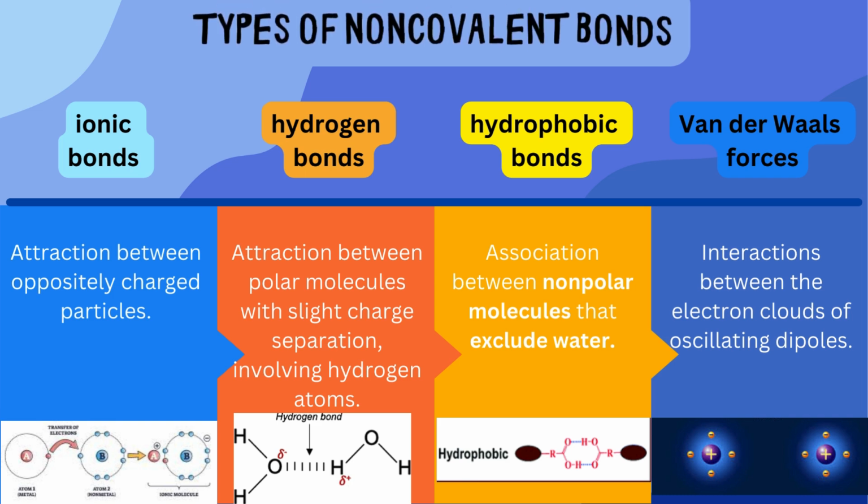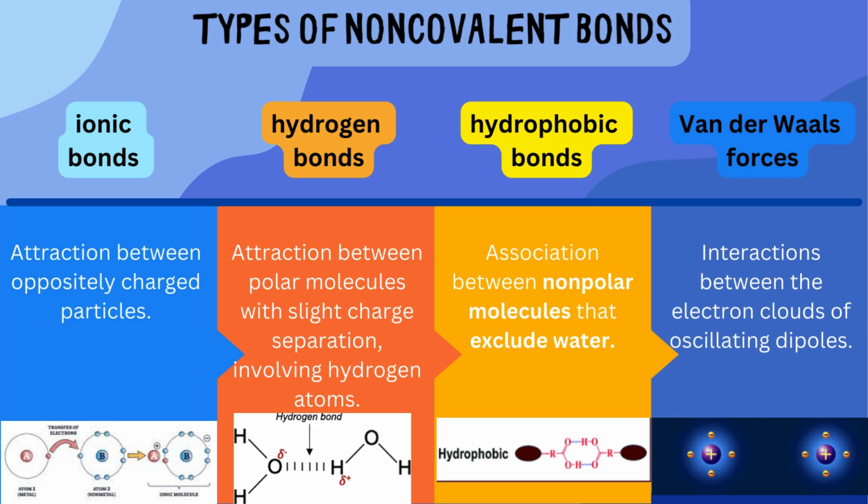So, for the types of non-covalent bonds involved in precipitation reactions, what are non-covalent bonds? These bonds are weak, reversible interactions that play a crucial role in stabilizing antigen antibody complexes and other biological structures. The main types include ionic bonds, hydrogen bonds, hydrophobic bonds, and van der Waals forces.